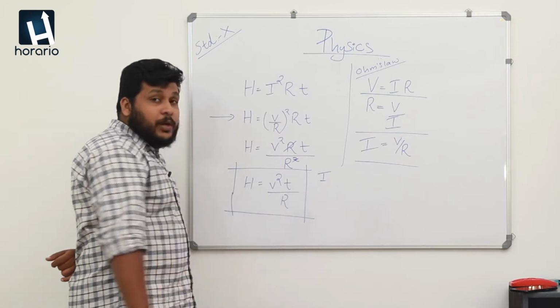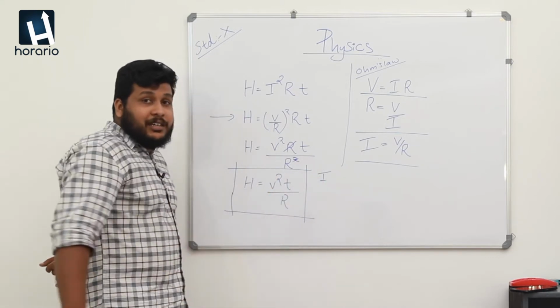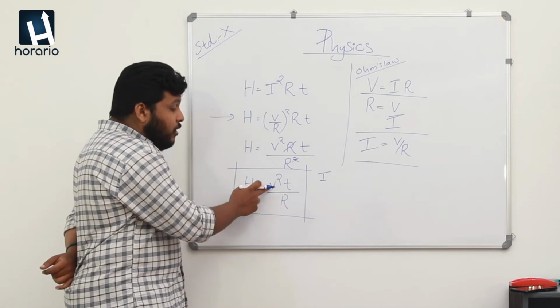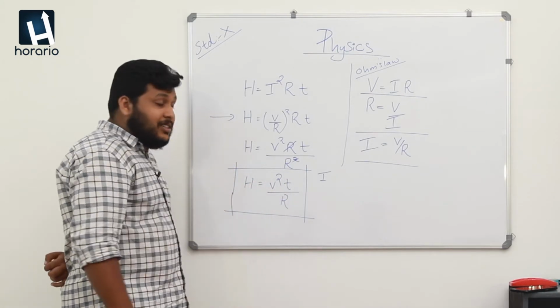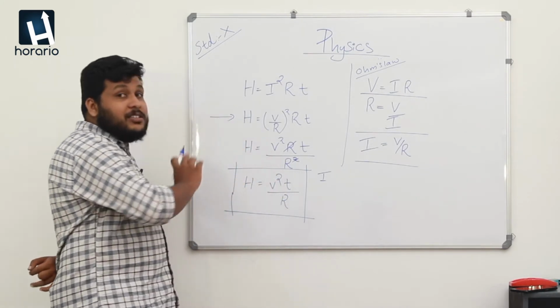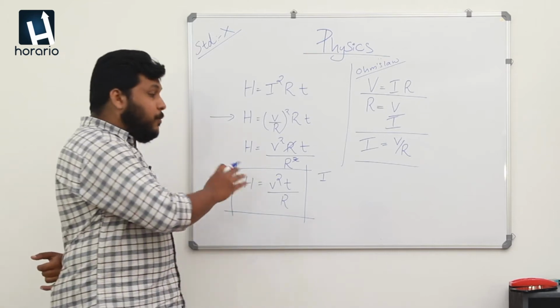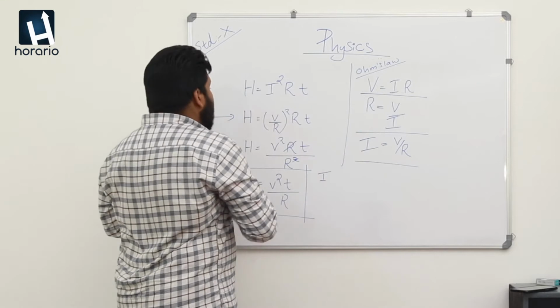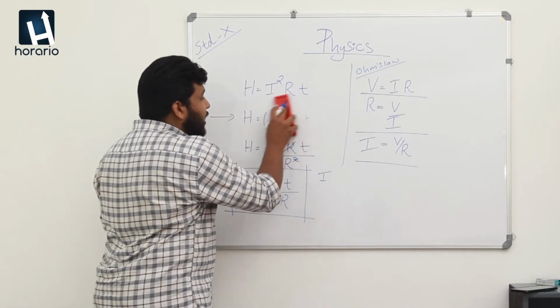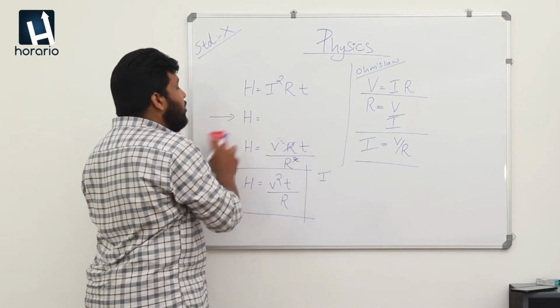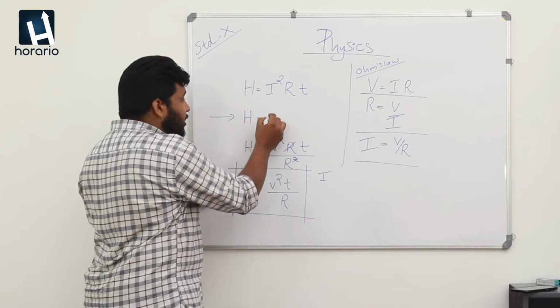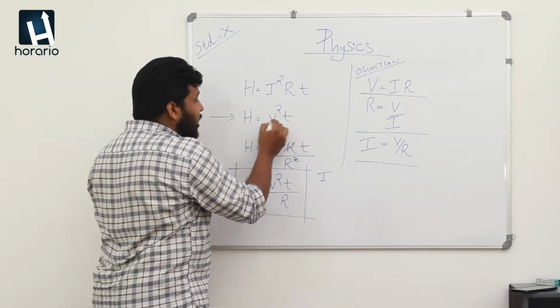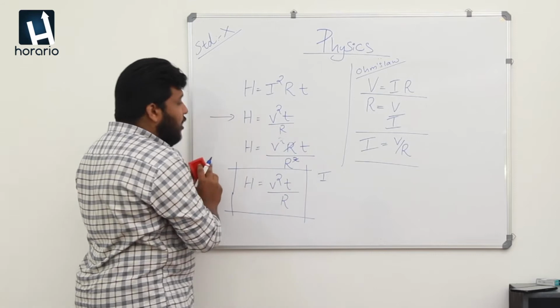When you get a question where no current is given and the values of voltage, time and resistance are given, you can use this equation for solving that problem. And so we write the second equation for Joule's law, that is V square T by R.